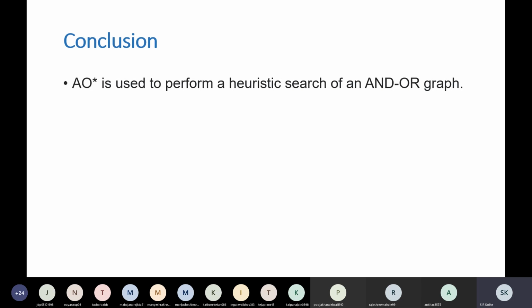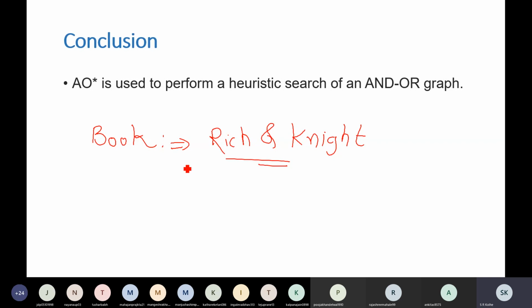If you have any question, we can discuss right now. For this AO star algorithm or problem reduction search, you refer to Rich and Knight's book, Artificial Intelligence by Rich and Knight. As a reference book, you refer to Patterson's book. The same algorithm you will find in Patterson's book also.